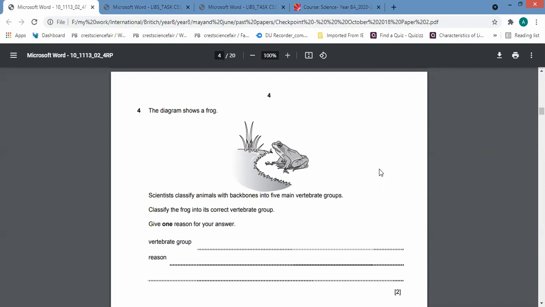Vertebrates have vertebral column or backbones. Invertebrates don't have. Invertebrates are like arthropods, which include insects, arachnids, myriapods, and so on. About vertebrates, we have 5 main groups.